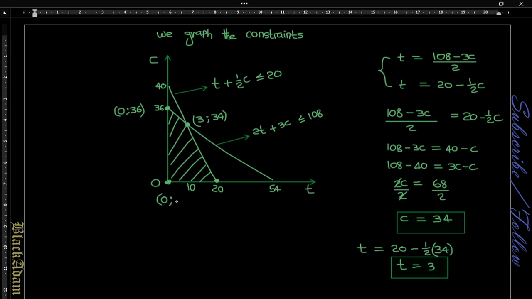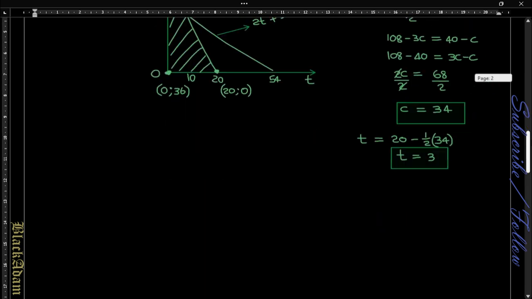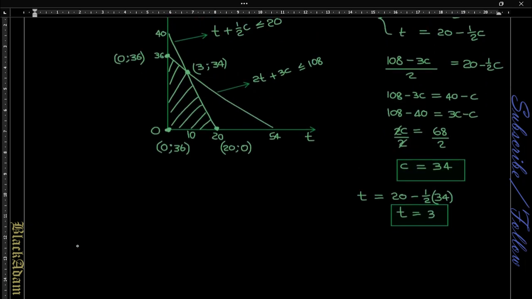And we also have 20 tables, 0 chairs. So those points are done. The next thing we do is take all the vertices, the corners of the shape that we have, and sketch a table for the vertices.